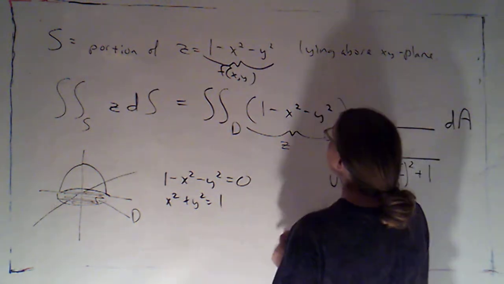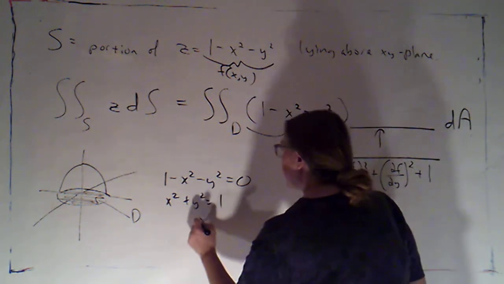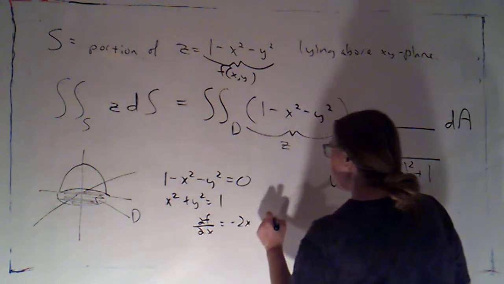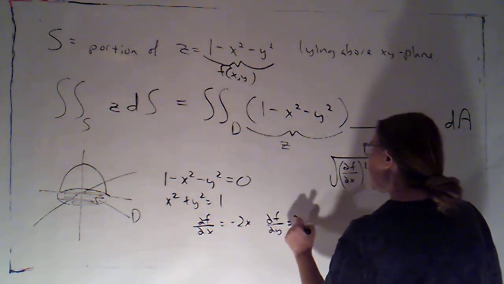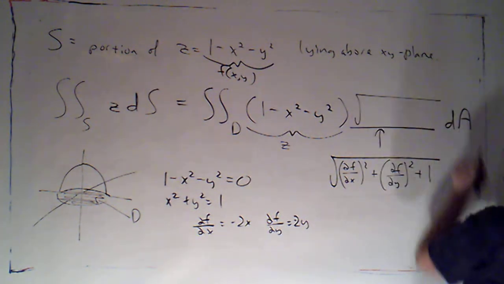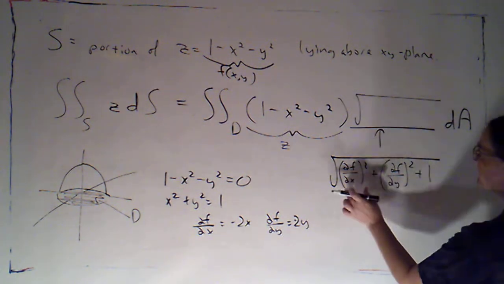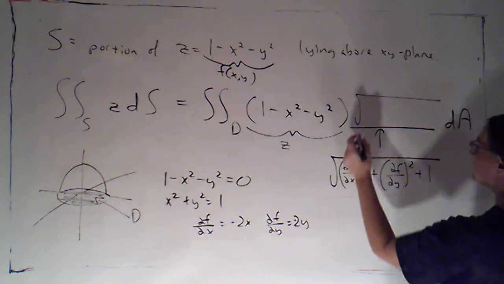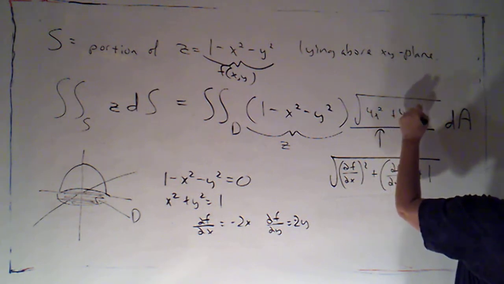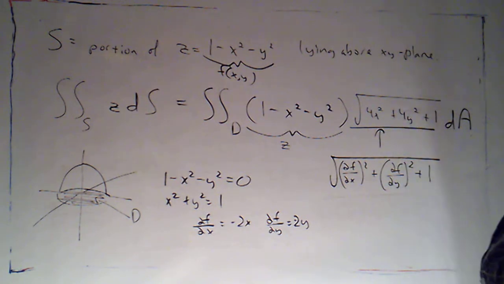Now, if this was my f of xy, the partial of f with respect to x is just negative 2x, and the partial of f with respect to y is just negative 2y. So I'm going to get the square root of, let's see, that's going to become 4x squared plus 4y squared plus 1.